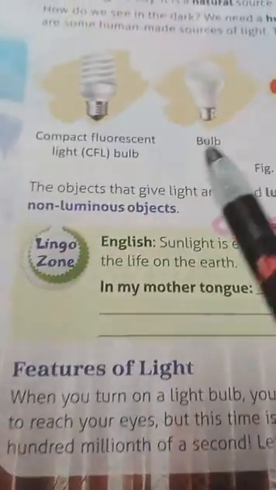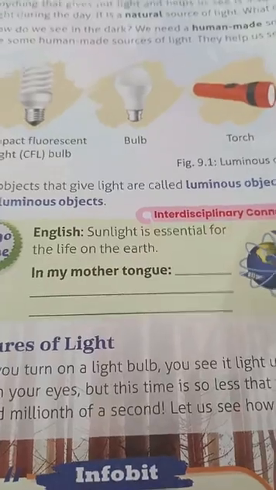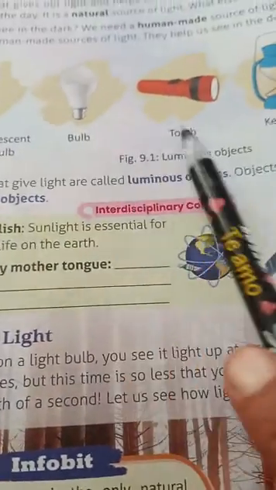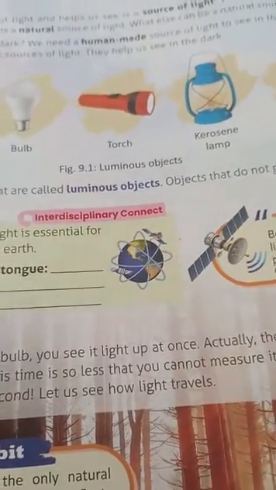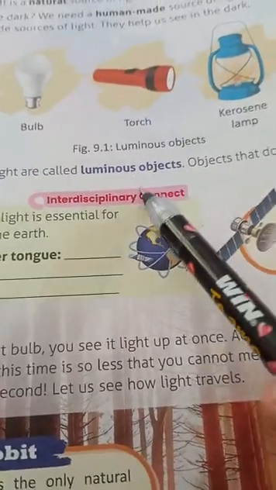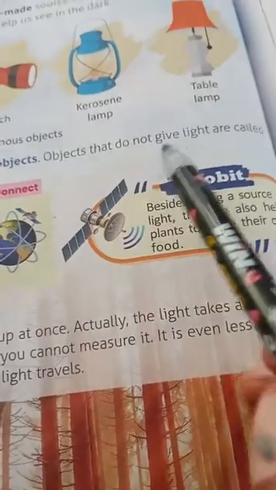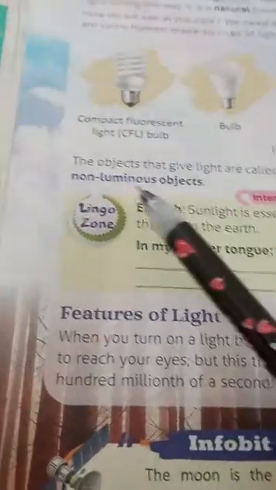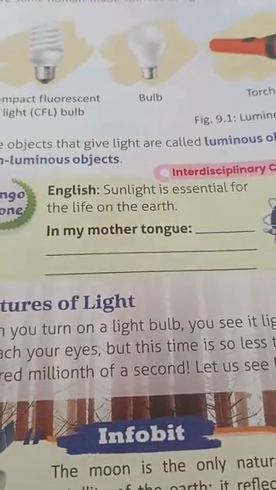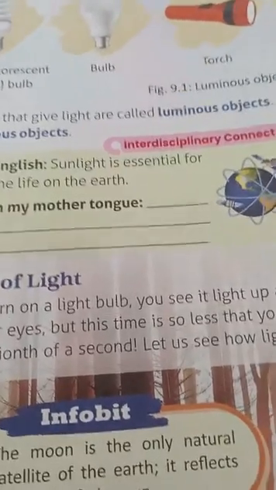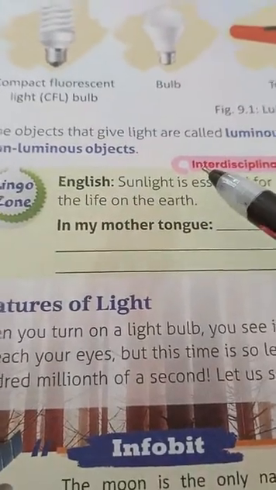Okay students, the objects that give light are called luminous objects such as bulb, CFL, torches, lantern, table lamp, sun, moon, etc. And the objects which do not give light are called non-luminous objects, such as book, pencil box, wood, which do not give light.